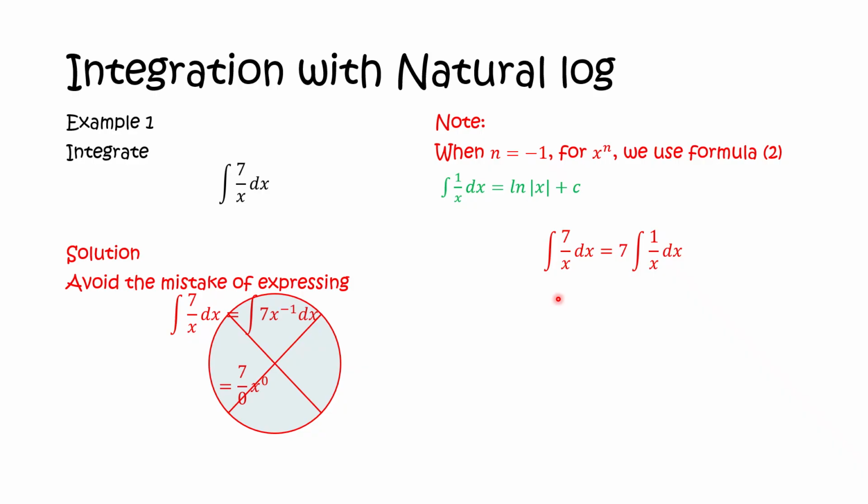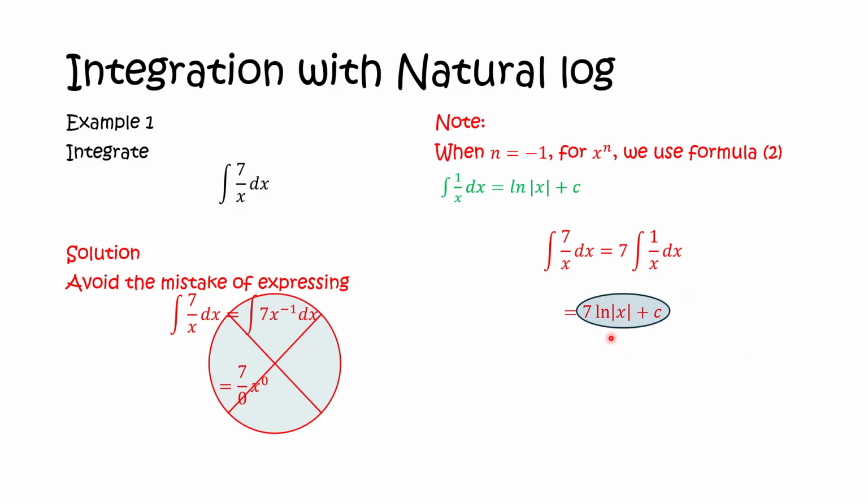So the integral of 7 over x dx, remember from our previous videos when we spoke about integration when multiplied with a constant, we can actually take the constant 7 in this case out of the integration function so that we have 7 times the integral of 1 over x dx. And with that, from formula 2, we have ln x. Then the final answer becomes 7 times ln x plus c.